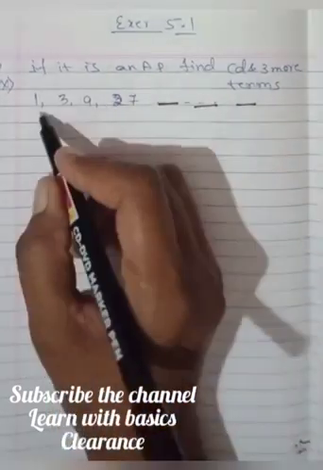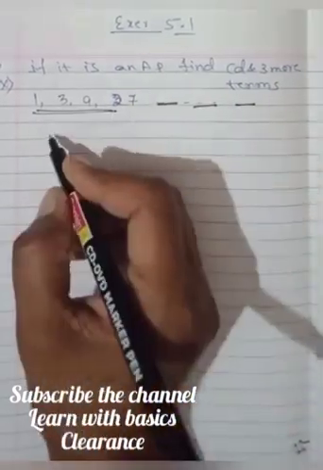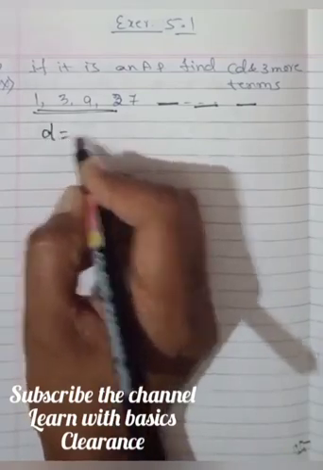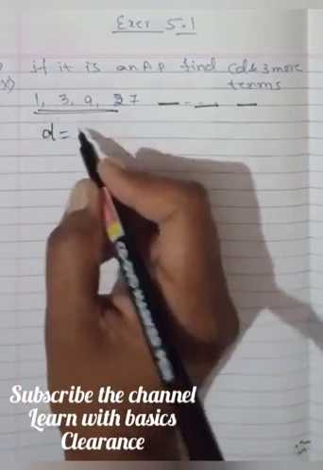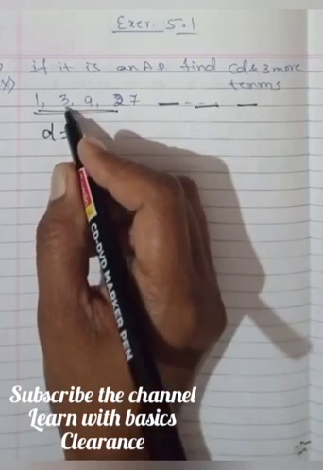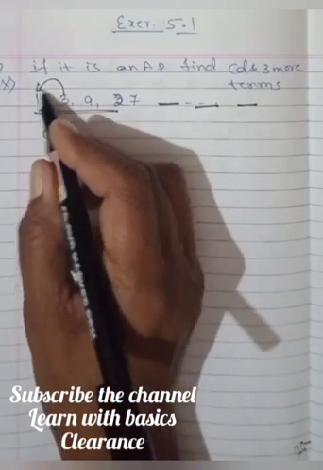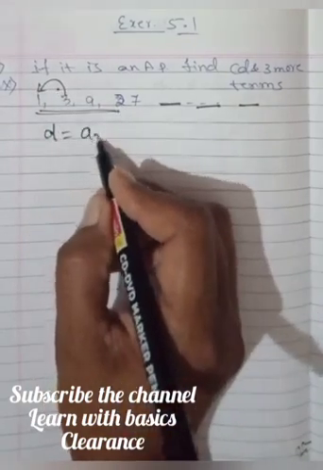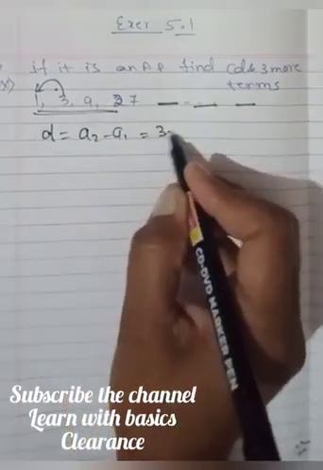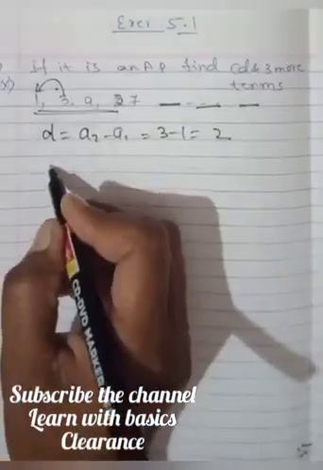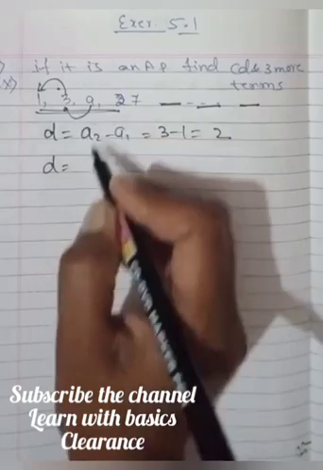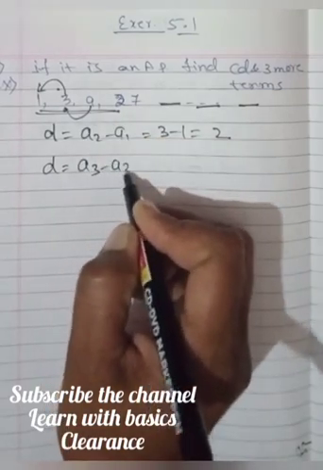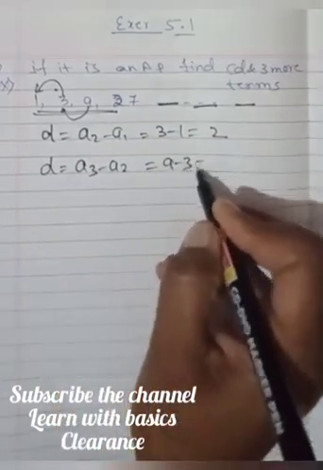Okay. So for this one, how to check whether it is an AP? That is very simple. You are going to find the difference between the consecutive terms. Here, first difference we are finding the difference between these two terms, that is a2 minus a1, which is equal to 3 minus 1, which is 2. The second difference between these two terms, that is a3 minus a2, which is equal to 9 minus 3, which is 6.